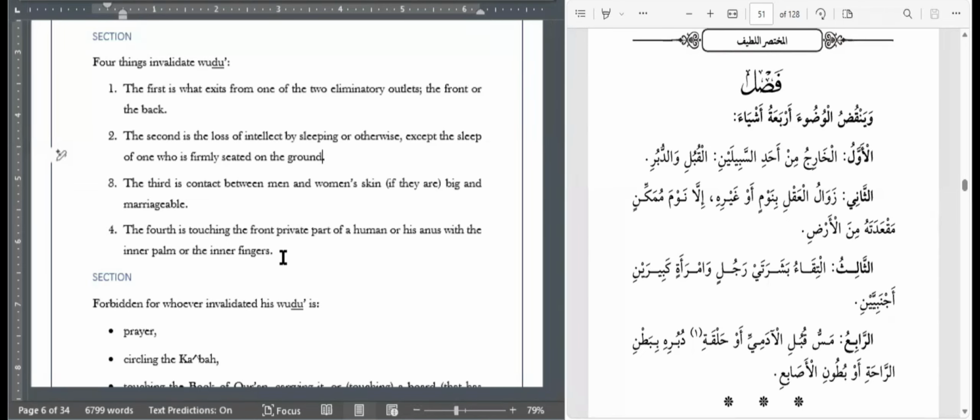And sometimes she would find the traces of this in her clothing, her underpants, or upon a pad that she puts. So she would have a question: does this break the wudu? So now you know the answer very clearly. Did it come from one of the two pathways? Yes. Is it sperm? No. Then it broke the wudu. Anything that comes from those places breaks the wudu.